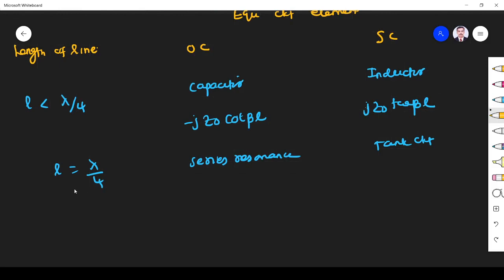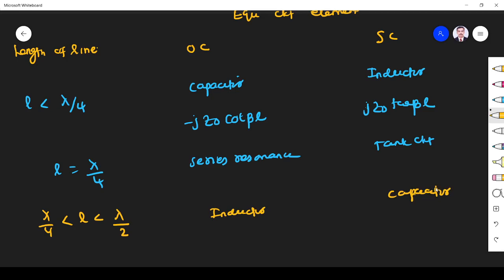Next, when the length of the line lies between lambda by 4 to lambda by 2, open circuit acts as an inductor, and short circuit acts as a capacitor.